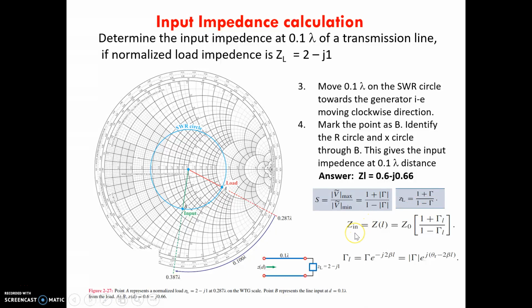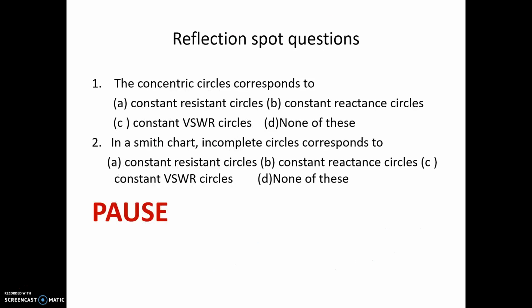The input impedance can be given by Z0 into 1 plus tau L divided by 1 minus tau L, where tau L is equivalent to tau into e power minus j2 beta L, and otherwise it is the magnitude of tau times e power j(theta minus 2 beta x). These are the simple steps by which we can determine the input impedance of a transmission line at a given distance. So let us now see the reflection questions.